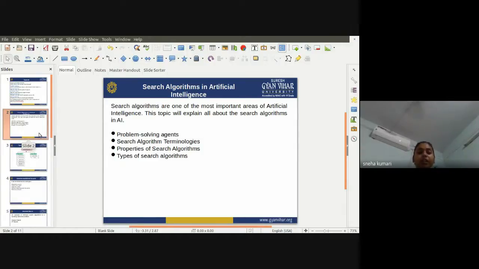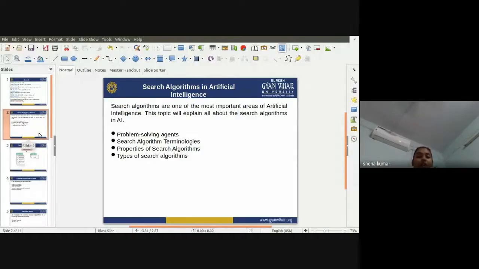Okay, so these four terminology, or these four essential properties of search algorithms, are the ones through which all the algorithms are compared, to see which one is better and which one is not. So what is completeness?